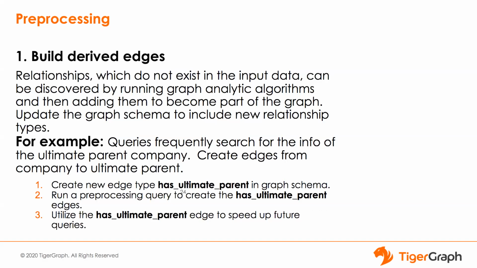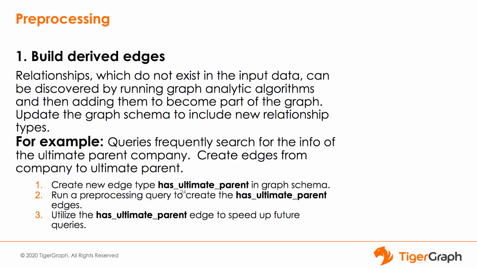For example, say we have an enterprise graph. A company has a parent company, and the parent company has its own parent company, and if we go all the way up, we have the ultimate parent company. If you have a query that frequently searches for info on the ultimate parent company, we have to traverse all the way up every time.